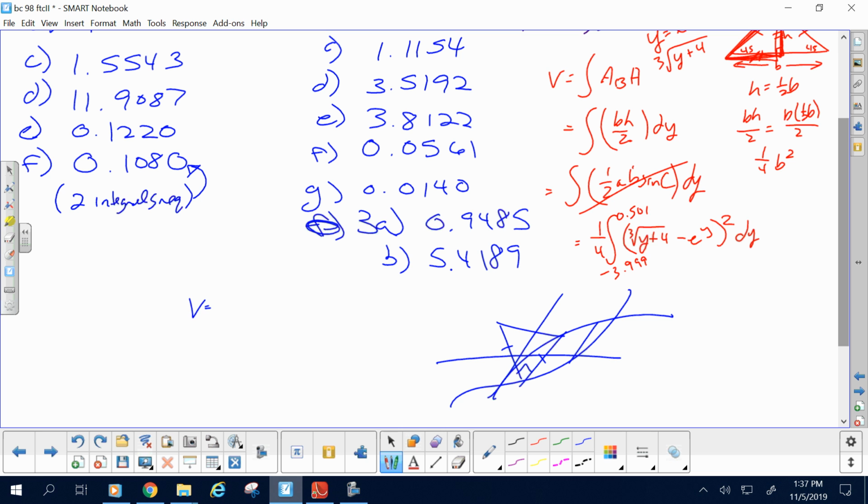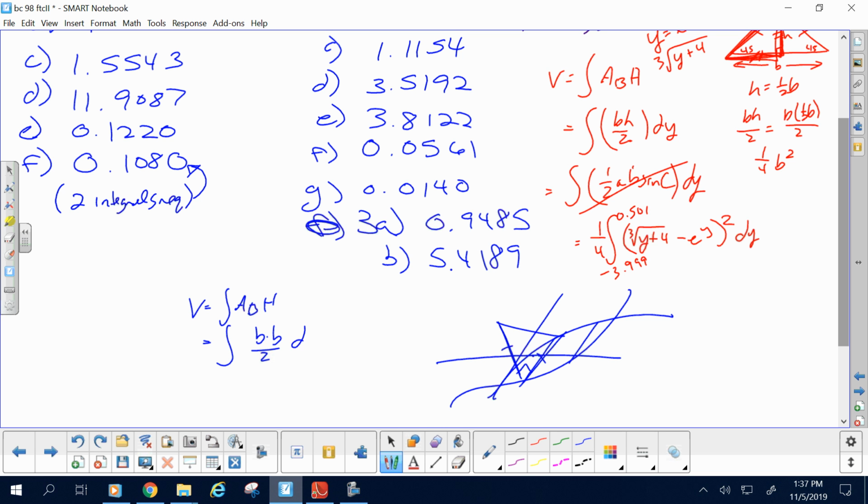So this one, I definitely want to use base times height divided by 2 here. Or should I do 1/2 AB? Any which way you look at it, isn't it just base times base divided by 2? Because it's isosceles and the legs are known.